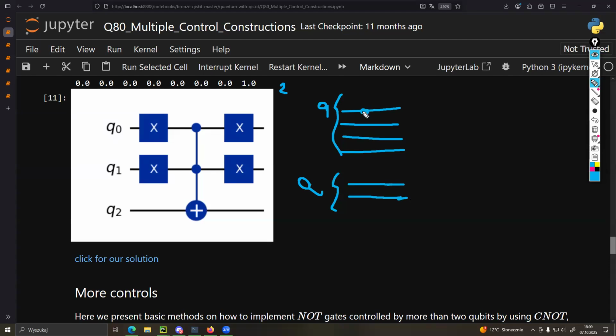So for example, you perform a control X, so CCX on your QCircuit. QCircuit.ccx, here are some parameters, then there is the target. And these 2 control qubits are the first ones, right?